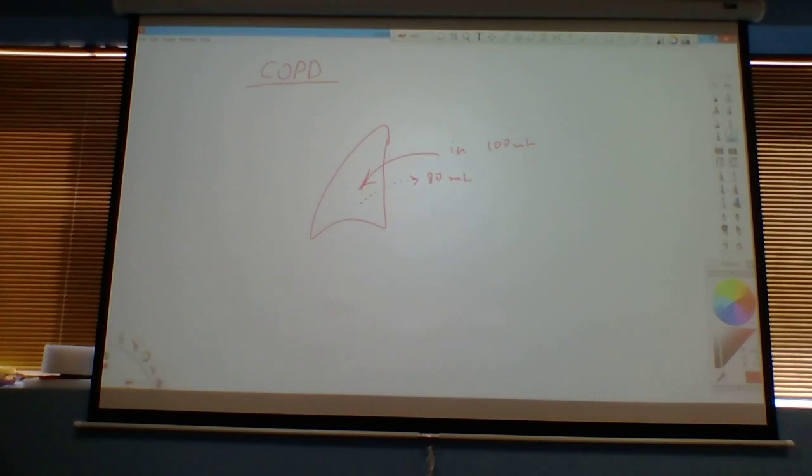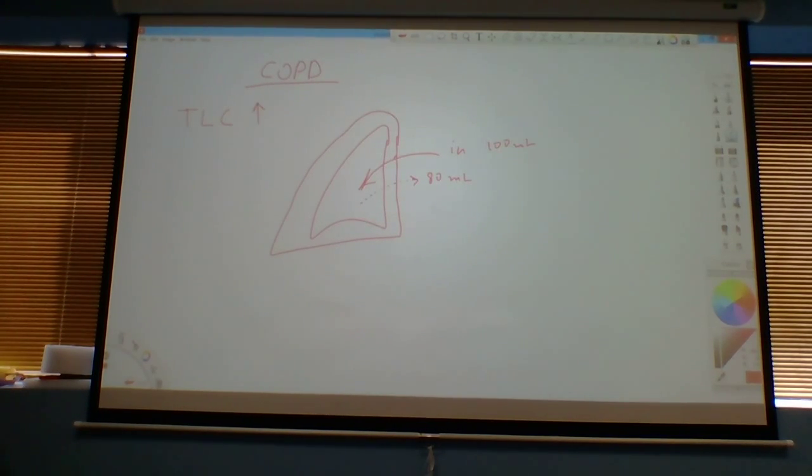Over 10 years, what happens to your lungs? They become inflated, because more air is trapped. That's why it means obstruction. There's obstruction to expiration. So what happens to your lung? It expands. What happens to total lung capacity? It increases. Very good.